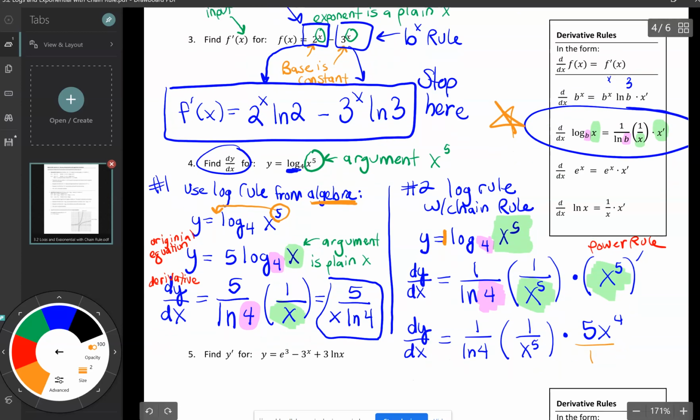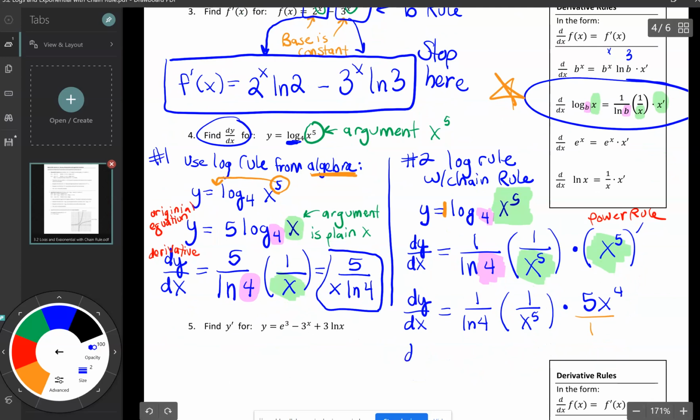So when I go to do the algebra to clean all that up, let's see what it looks like. I'm going to end up with 5x to the 4th in the numerator, because I just did numerator times numerator times numerator. And then in the denominator, I'm going to write the x to the 5th first and the ln of 4 second. I'm just changing the order of multiplication.